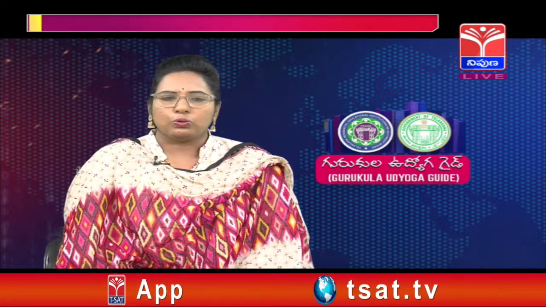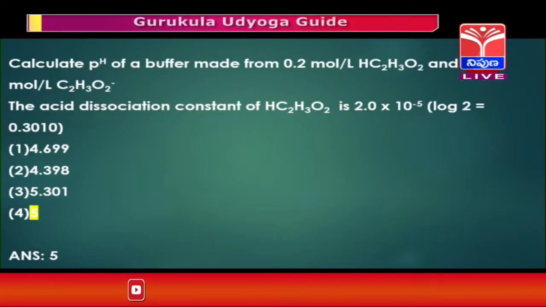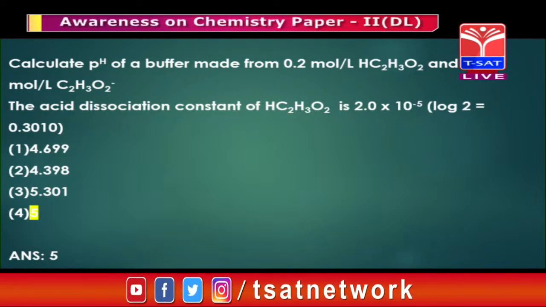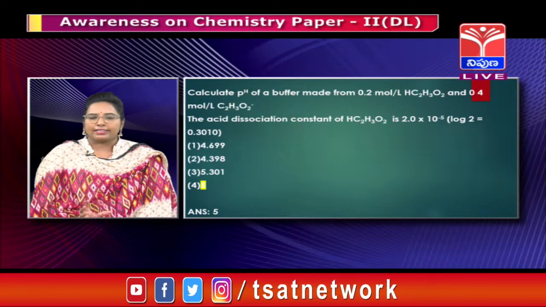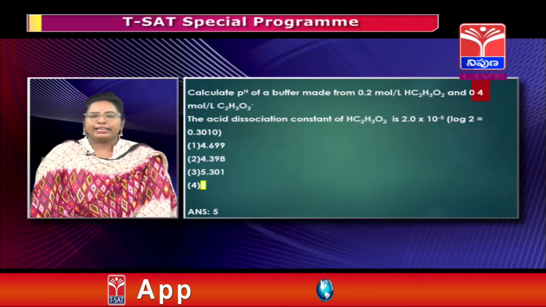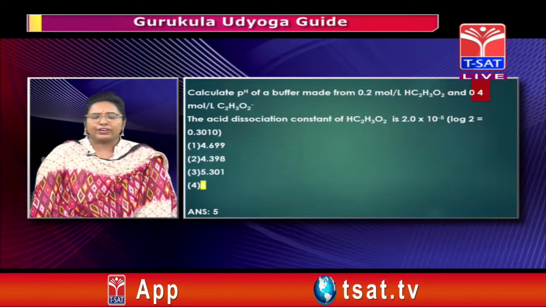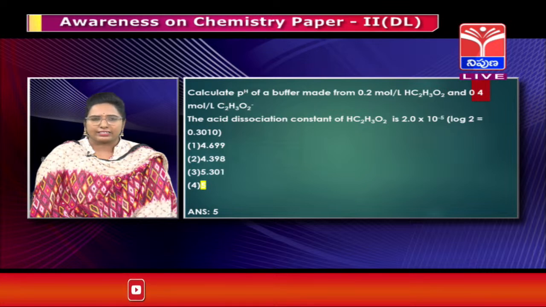So, let us move to the question. Calculate the pH of a buffer made up from 0.2 mole per liter acid and 0.4 mole per liter of its conjugate base. Here the concentration of the conjugate base is given and the concentration of the weak acid is given.